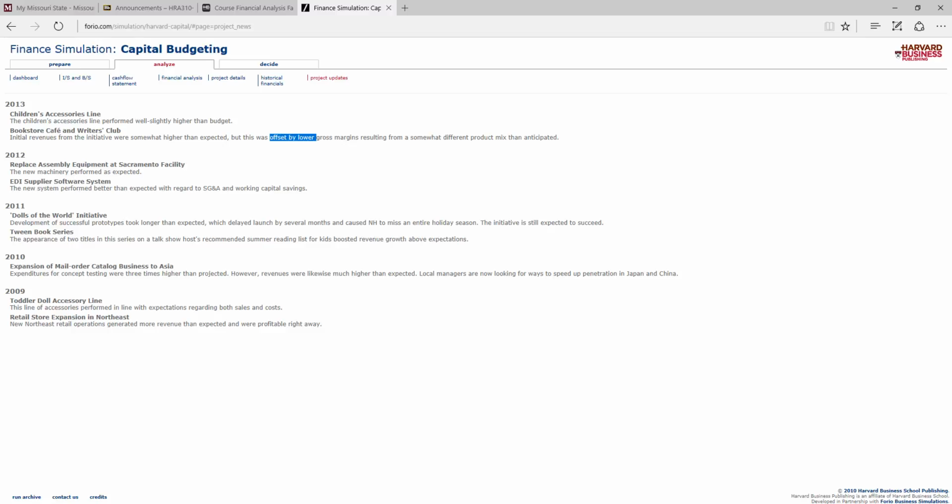It was offset by lower gross margins than what the products mix originally anticipated. So overall, I didn't do as well with looking at the projects. The information was all there. It was just investments that didn't do as well as they were expected to.